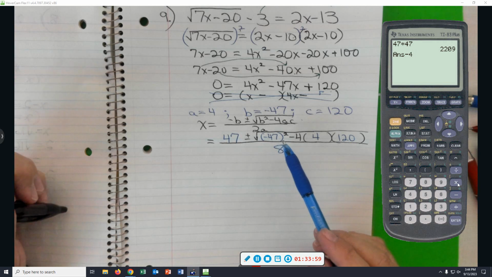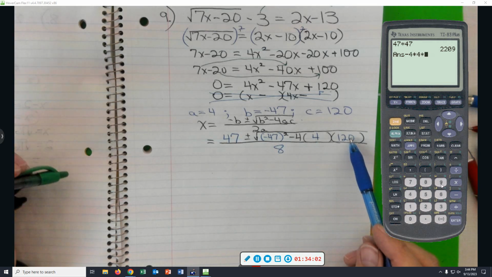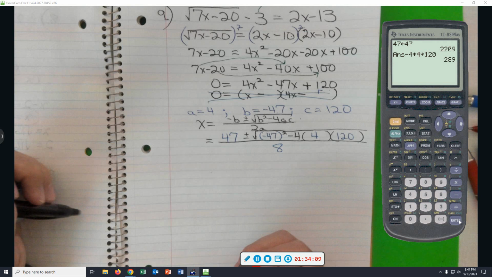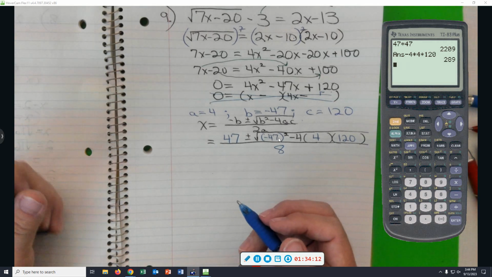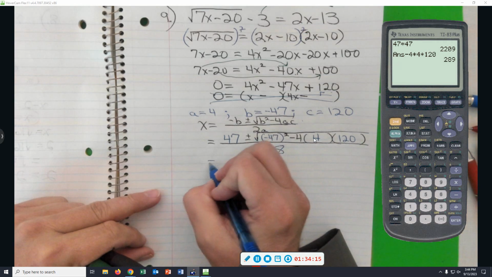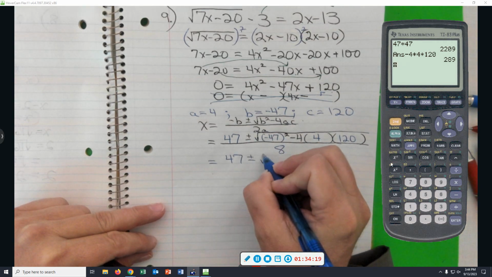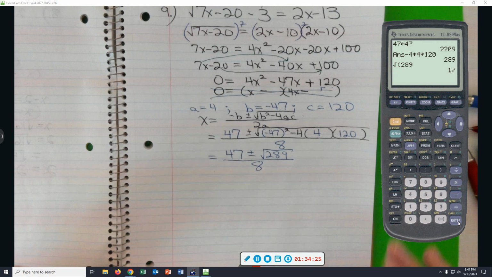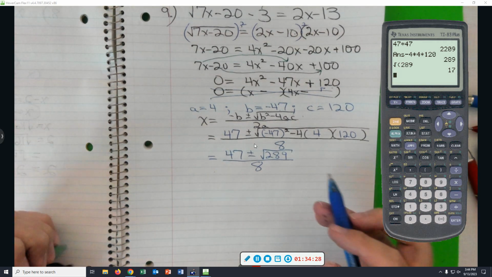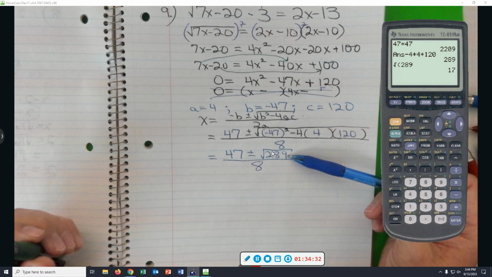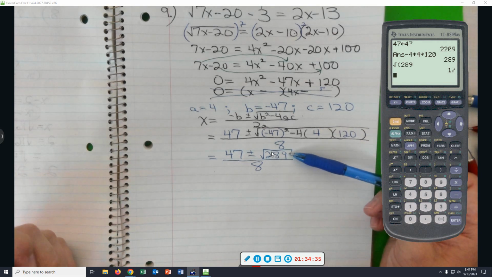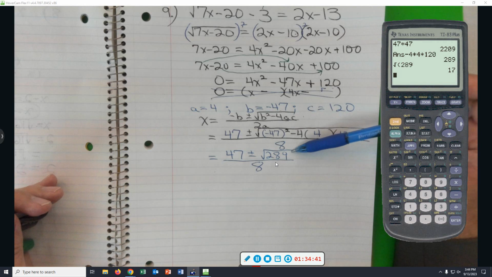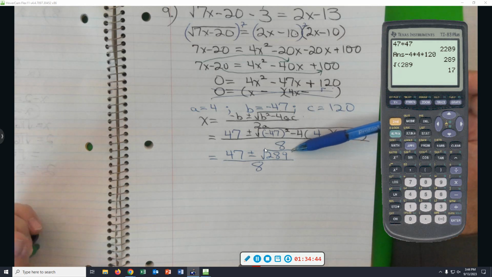Minus 4 times 4 times 120. 289. That's a perfect square. Is the square root of 289 17? Let me go ahead and say the square root of 289 is 17. If you have a square root in your final answer after using the quadratic formula, that means the equation is not factorable. The fact that we have a perfect square there means this is going to be factorable.